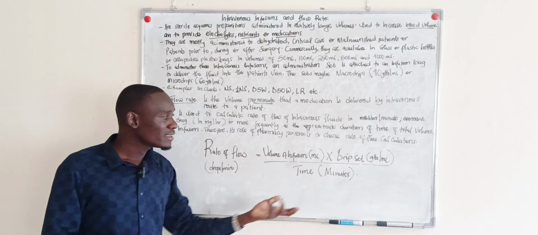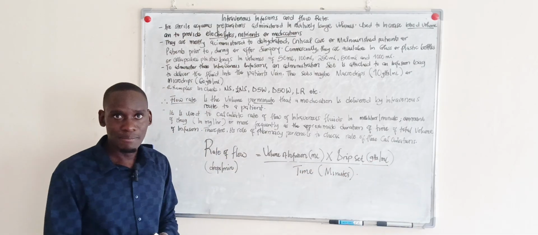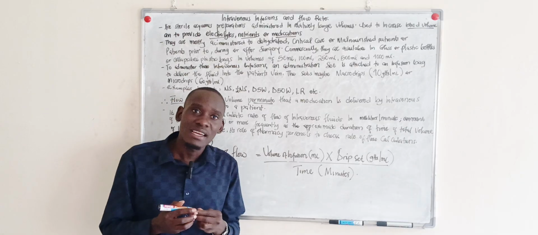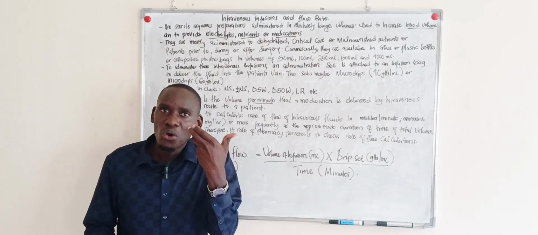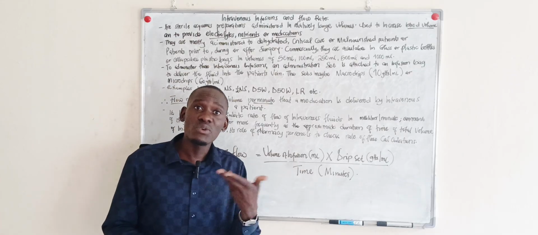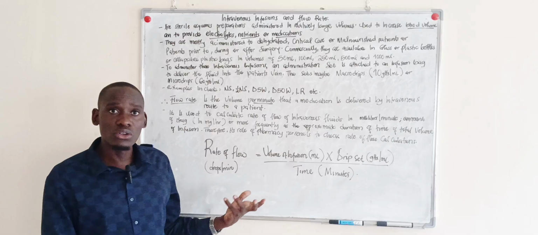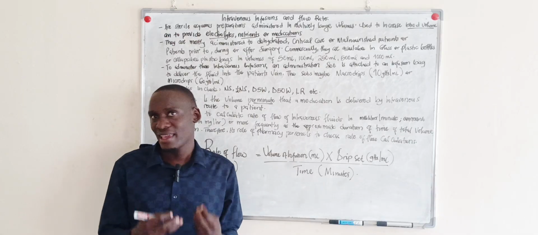And that time is measured in minutes. Sometimes it may be in hours or in seconds, depending on the format in which the question has been set to you. So let's look at our first example.